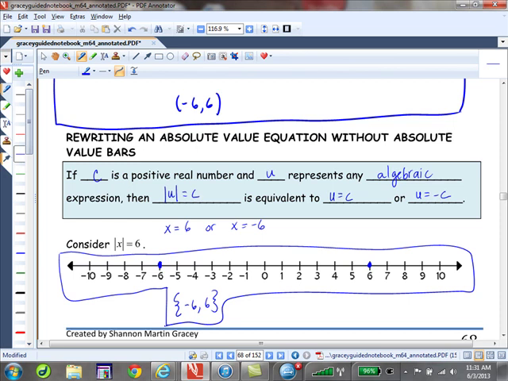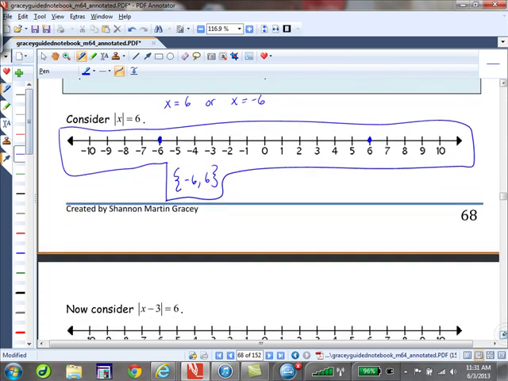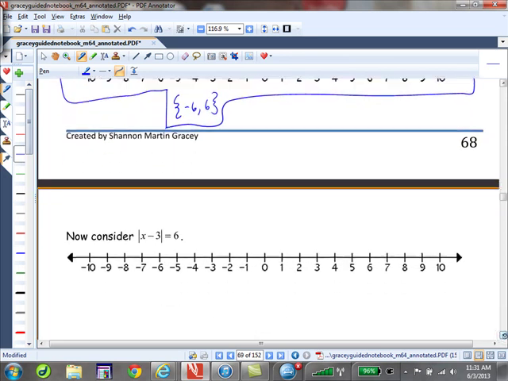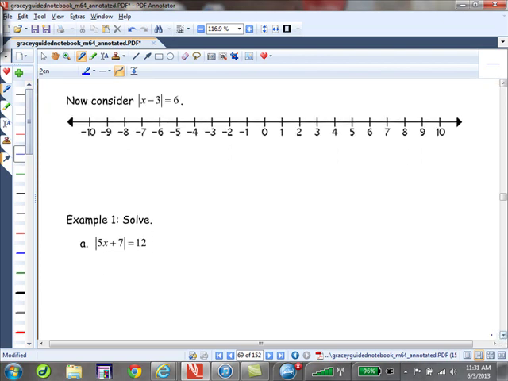All right, so next up, we have something just a wee bit more complicated. The absolute value of x minus 3 equal to 6. With absolute value equations, you always want to make sure you have the absolute value alone on one side and everything else on the other side.